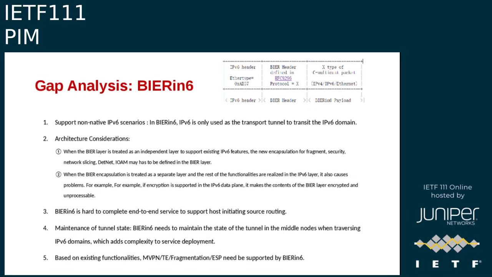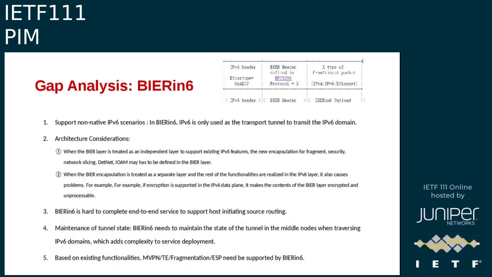The third one, as introduced by Wei Qiang, is IPv6 multicast source routing at the host. If BIERin6 is used for source routing on the host side, the BIER layer will have a conflict with the transport layer, including TCP and UDP.